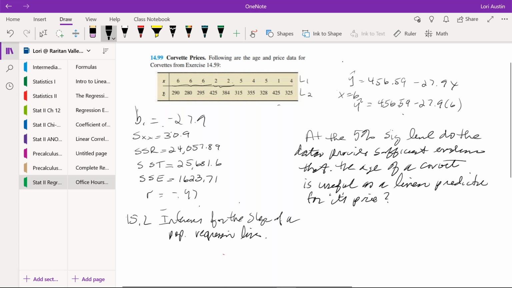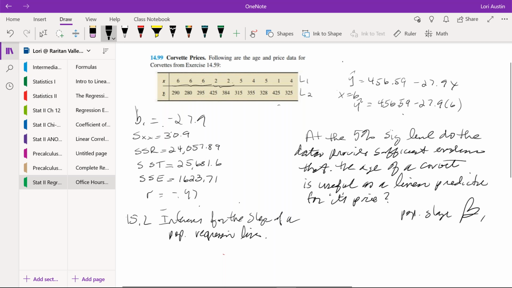But we're talking about slope in a more general sense, such as a population. When we talk about population slope, we use capital B sub 1. So again, it's very similar to other things we've done. The lowercase is the sample. In this case, the uppercase B represents the population slope.